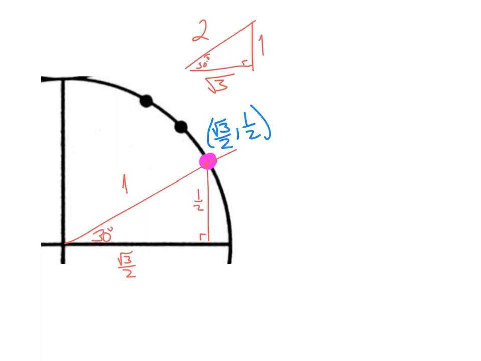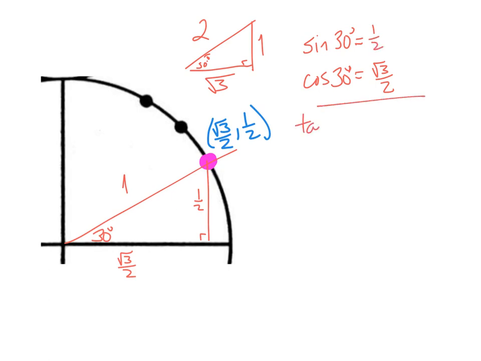So we can go ahead and identify the sine, cosine, and tangent when it comes to sine of 30 and cosine of 30. With both of these, remember, any ordered pair x, y is going to be cosine, sine. So the cosine of 30 degrees is going to be the x-coordinate, square root of 3 over 2. And the sine of 30 degrees is going to be the y-coordinate, 1/2.